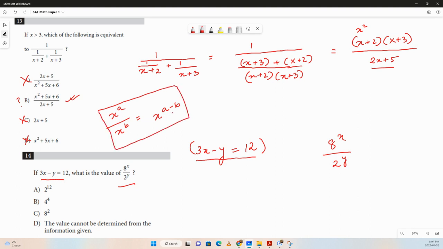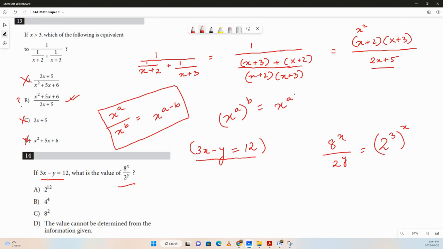So first of all, to get it in this form, we have to convert both the numerator and denominator in the same base, right? So 8 we can write as 2 to the power 3, right? So first we change that. So in case of 8, we'll write 2 to the power 3, to the power of x, and we'll use this formula. So if we have x to the power a to the power of b, then we multiply, right?